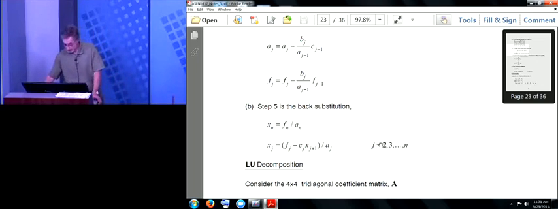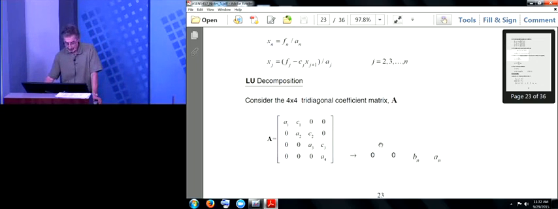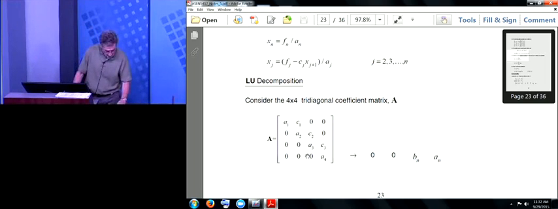And then there was the definition of this matrix. These should be your B's, okay, B2, B3, B4. And what else?